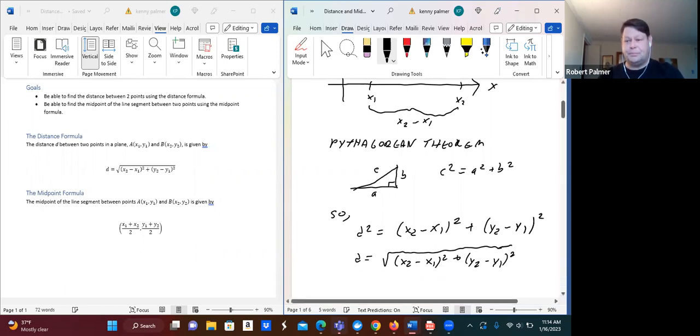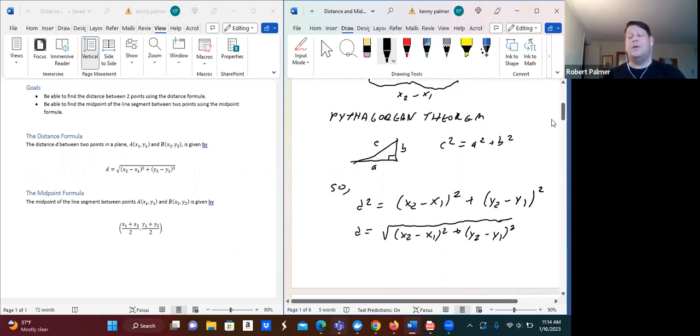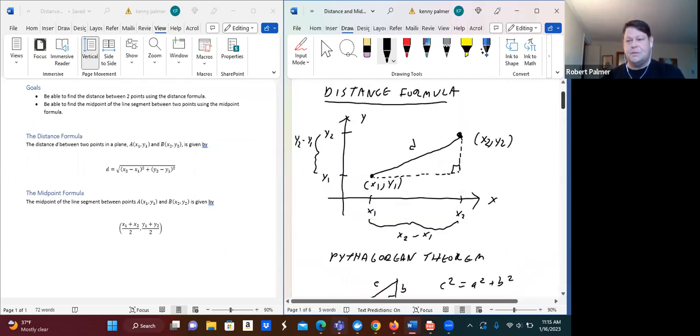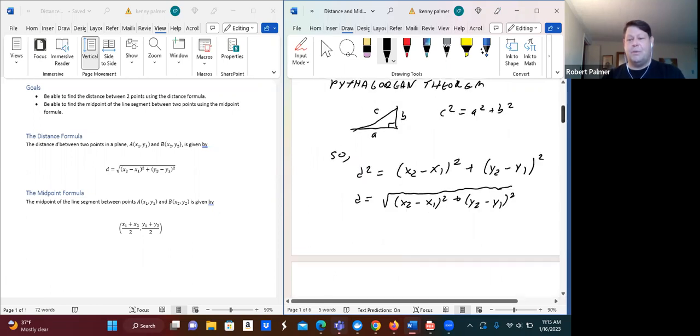That's where it comes from. And once again, we did this in the first quadrant, but this will work for any 2 points, anywhere. This gives the distance between them just using this idea of the Pythagorean theorem.